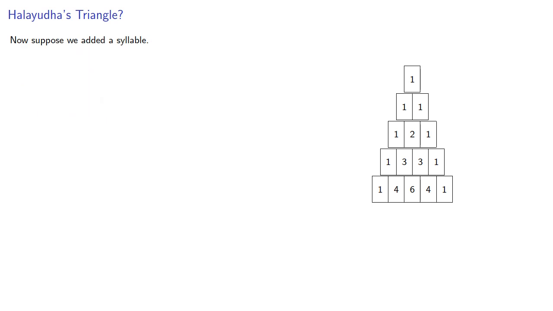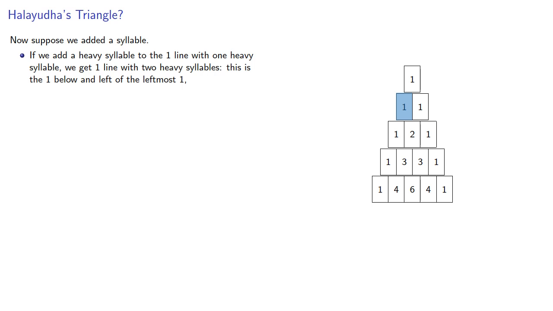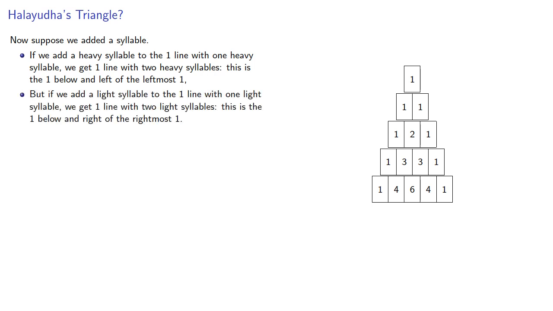If we add a heavy syllable to the one line with one heavy syllable, we get one line with two heavy syllables. This corresponds to the one that is below and to the left of the leftmost one. But if we add a light syllable to the one line with one light syllable, we get one line with two light syllables. And this is the one below and right of the rightmost one.